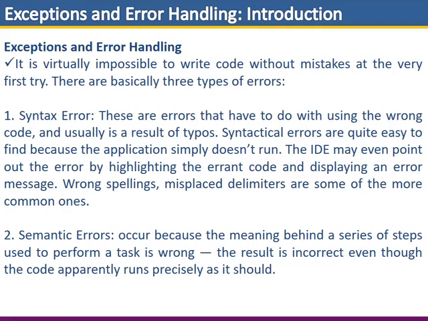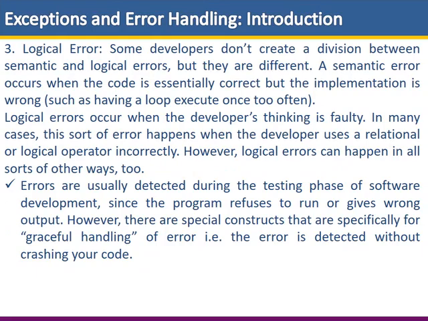We have discussed syntax error and semantic error. The third type of error we'll be looking at is logical error. Logical errors are faulty developer thinking, often related to incorrect use of operators or assumptions. They occur when the programmer's thinking is faulty.